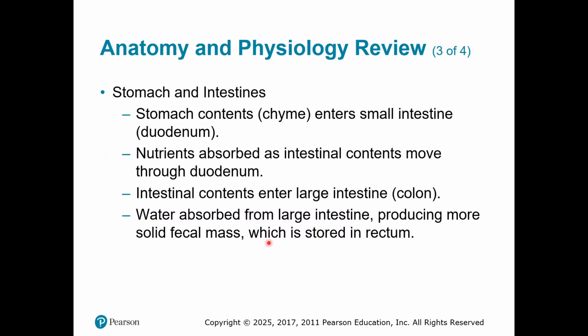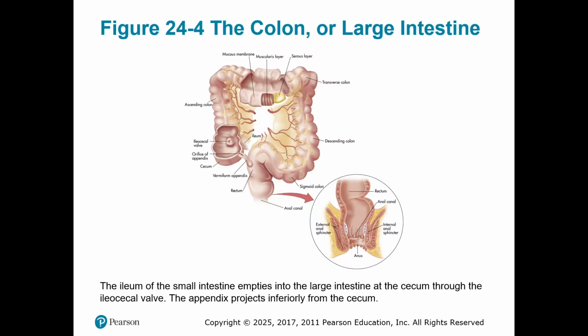And then water is absorbed in that large intestine. That's the function of the large intestine, really, is to absorb the remaining water that's left over after all the other contents have been broken down in the small intestine. This is where we're producing more solid fecal mass, which then goes to the rectum.